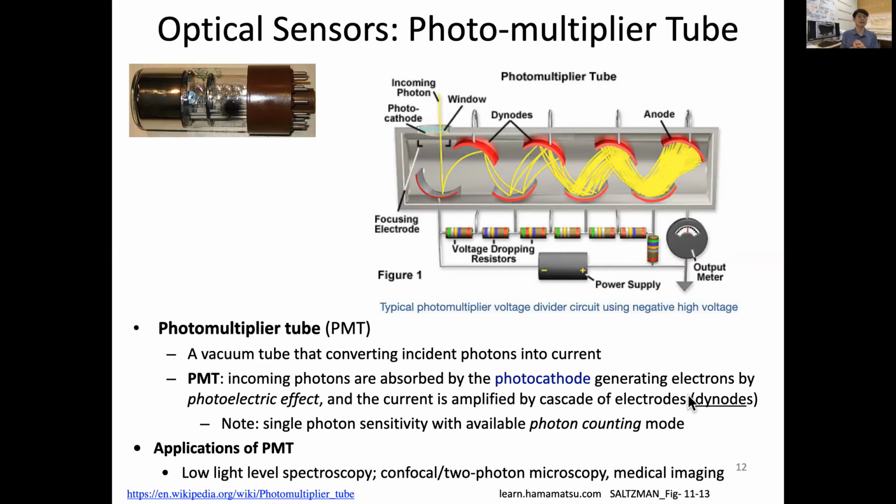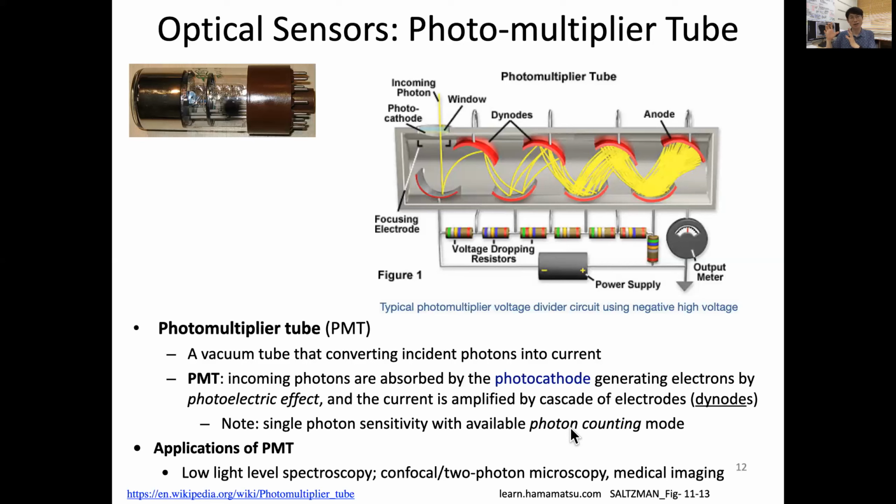And what's interesting here is that the PMT has a high sensitivity, even single photon sensitivity. So this is real proof that light is composed of photons, okay? Single photon sensitivity, with an available photon counting mode, which means that because it's a photon, even when a single photon gets in, we detect the signal, and then we can even count the photons.